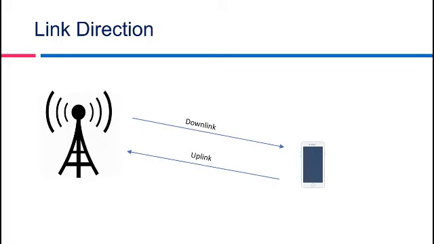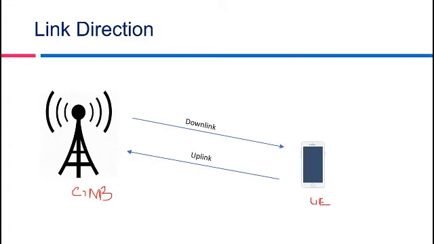In the previous slide, we discussed something about the duplex mode. To get more information on the duplex mode, we first need to understand the link directions. Here we can see we have a base station, say gNB, and we have a mobile device, which we say is a UE.